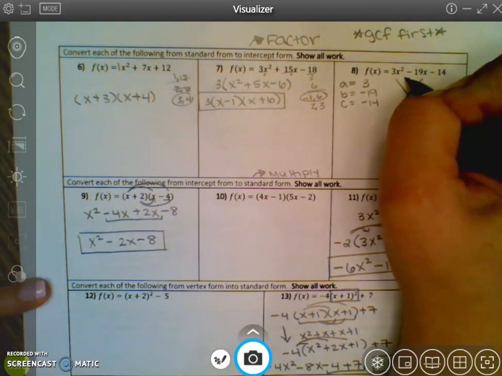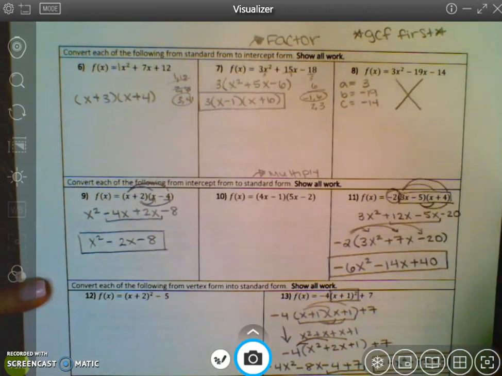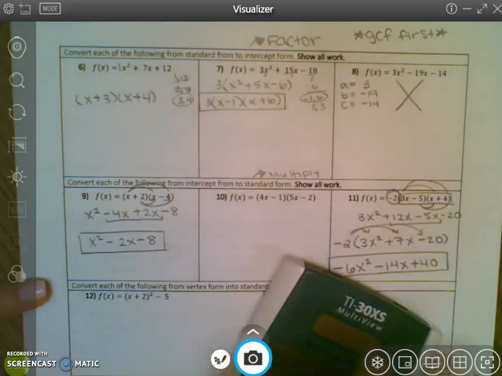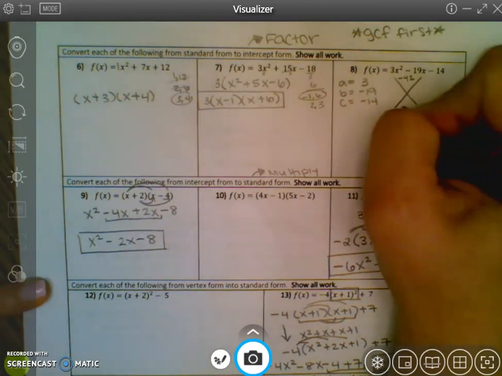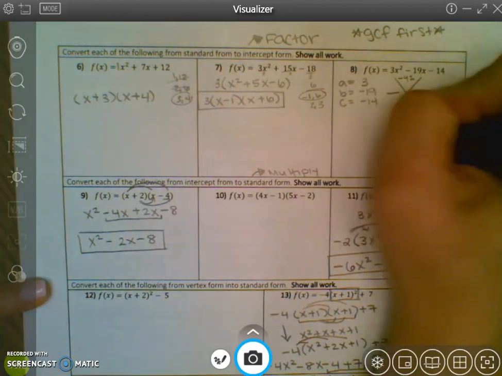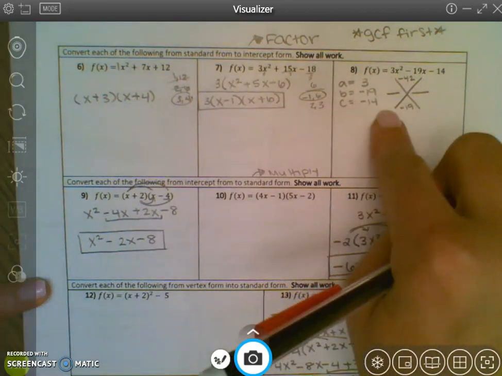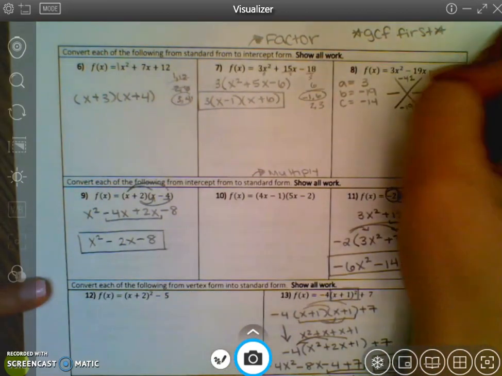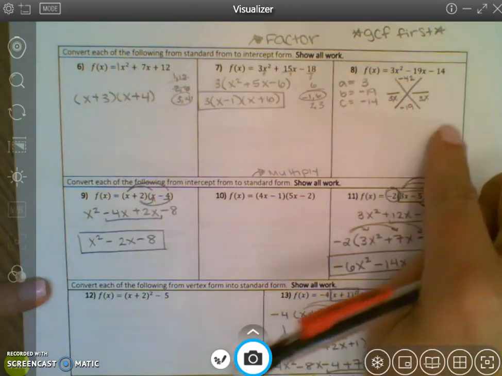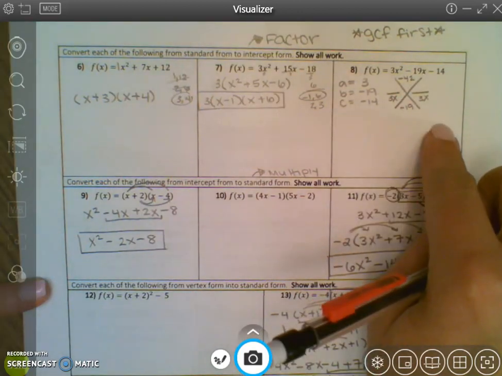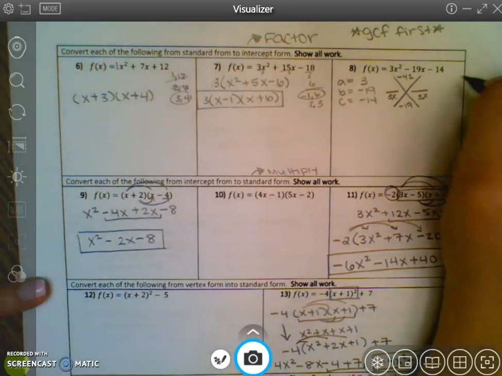A times C goes on the top. So 3 times 14 is 42, and we're going to add to negative 19. When you do your sides on this, it's a 3x squared, so make sure you have the 3x on the bottom. Okay, it's always ax.